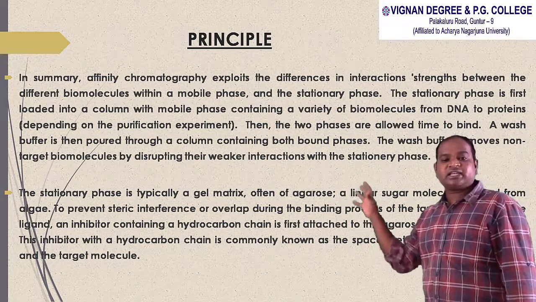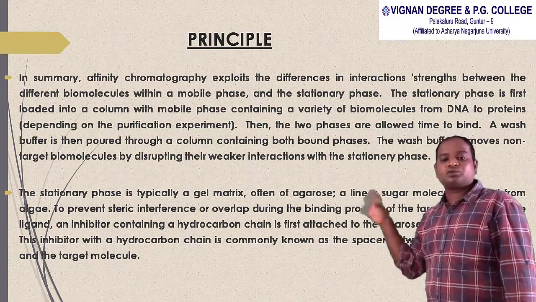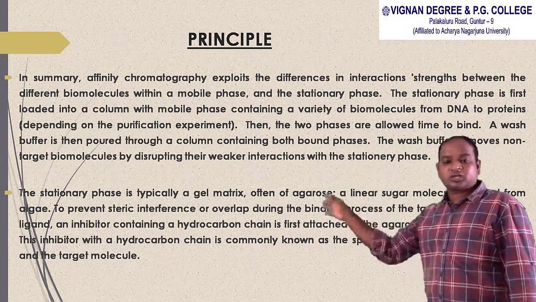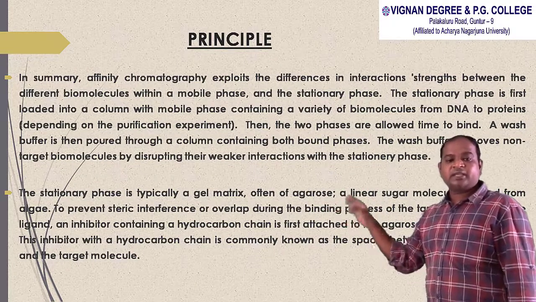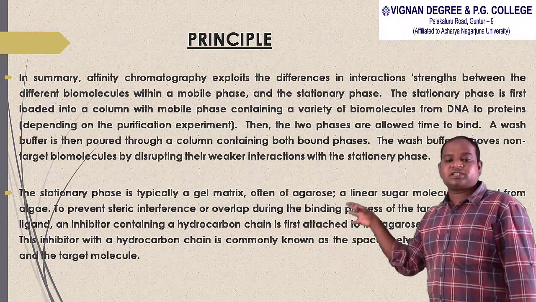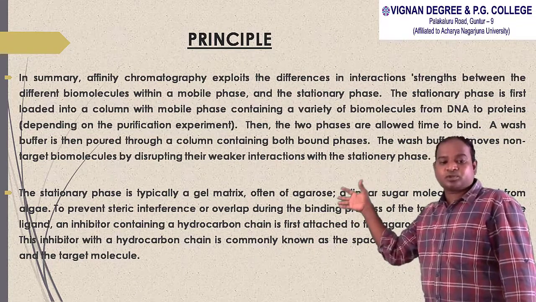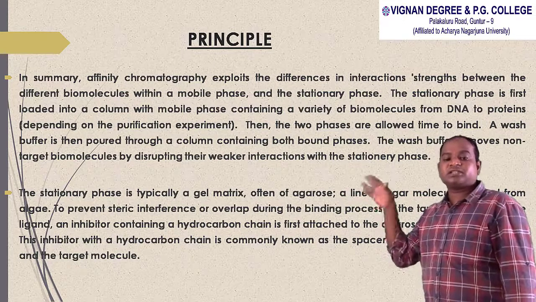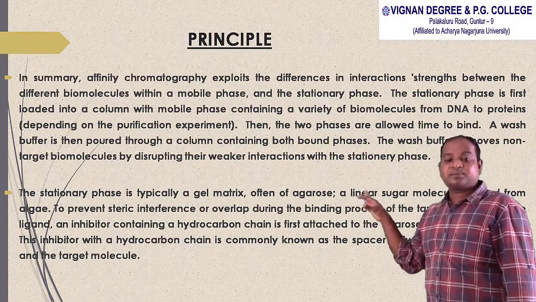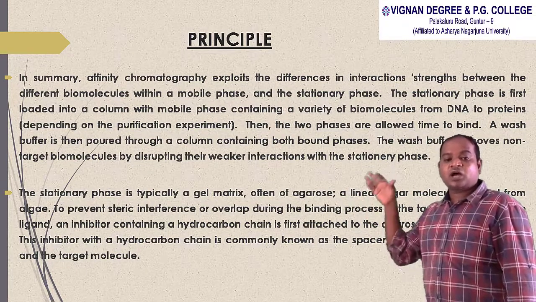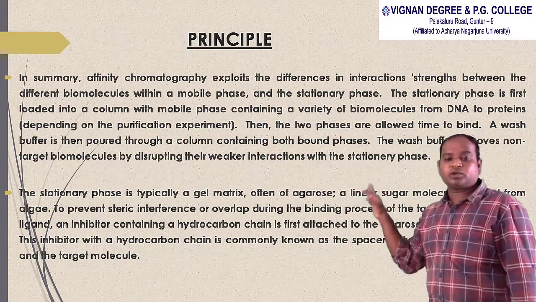To prevent steric interference or overlap during the binding of the target molecule to the ligand, an inhibitor containing a hydrocarbon chain is first attached to the agarose bead solid support. This hydrocarbon chain is commonly known as a spacer between the agarose bead and the target molecule.